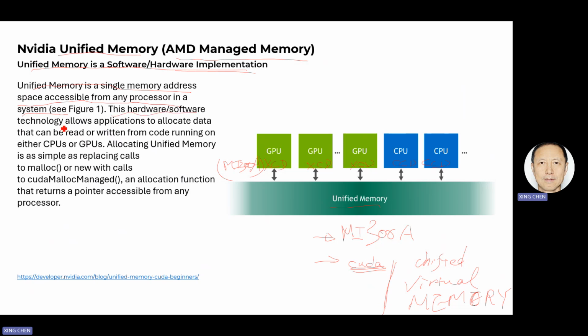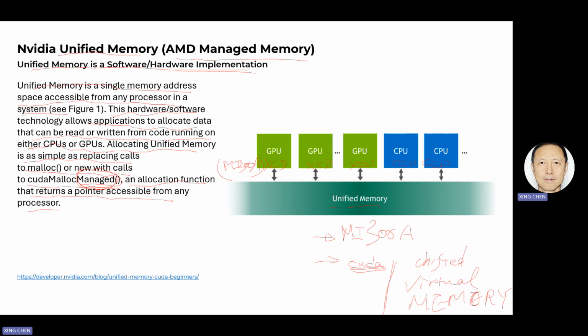This hardware-software technology allows applications to allocate data that can be read or written from code running on either CPU or GPUs. Allocating unified memory is as simple as replacing calls to malloc or new with calls to cudaMallocManaged. So it's called unified memory, but when you do the programming, you call managed. It's kind of managed memory when you use this function call. It is an allocation function that returns a pointer accessible from any processor, from the CPU and the GPU. Pretty much this is the unified virtual memory.